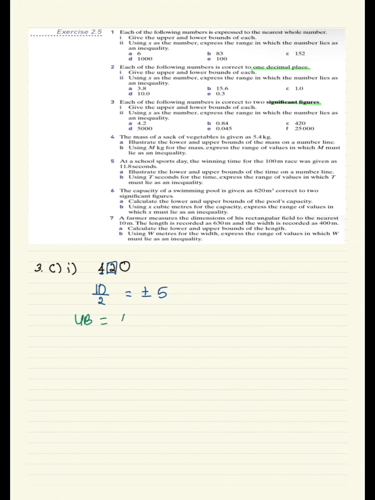The upper bound would be 420 plus 5, which would give me 425. And the lower bound would be 420 minus 5, which would give me 415. Now to express the range in which the number lies, x would be more than or equivalent to 415 and less than 425. Let's look at question D.